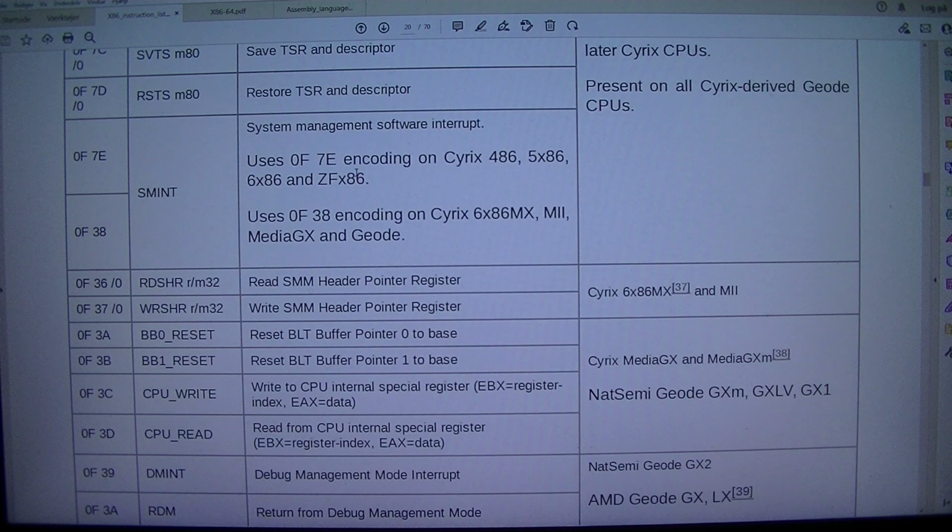Uses 0F7E encoding on Cyrix 486, 5x86, 6x86 and ZFx86.